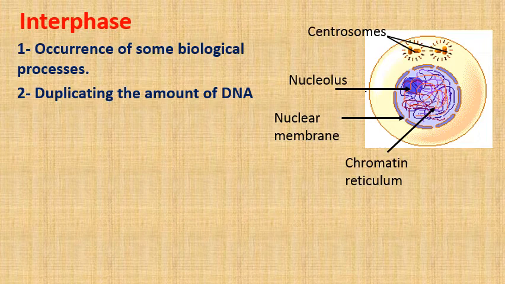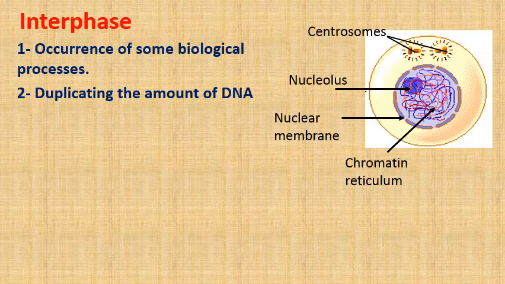Why? Pay attention. We said in mitotic division, we start with somatic cell, and the somatic cell divided into 2 new cells. Each one contains diploid number of chromosomes. So here there is no change in number of chromosomes. If I start with 46 chromosomes, I end with 2 cells.